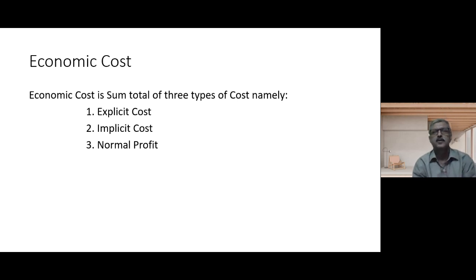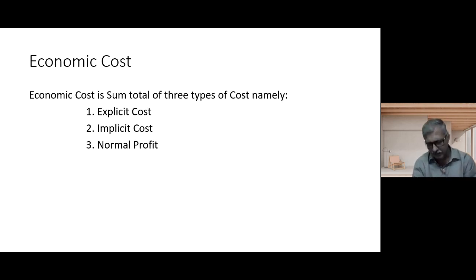You used your own house; if you had taken rent for it, our cost would have been maybe 5,000. So this 5,000 becomes your implicit cost, which you have not directly incurred, but this cost has been incurred because of rendering some of your assets in the process of production.